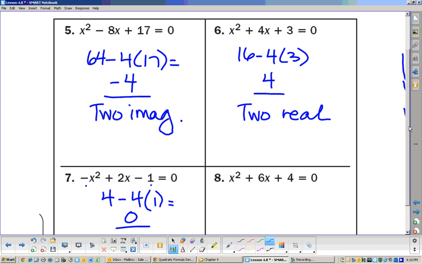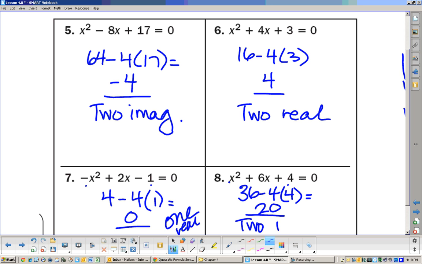I am going to get 1 real solution. And then finally this one, I have 36 minus 4 times a times c is 4. 36 minus 16 is 20. My discriminant is 20. Again, I'm going to get 2 real solutions.